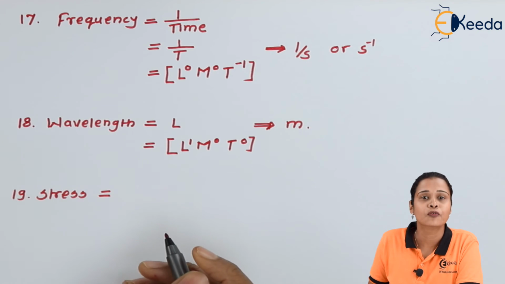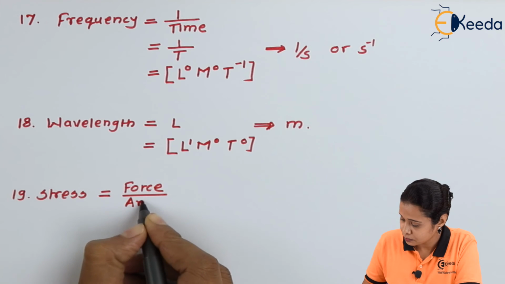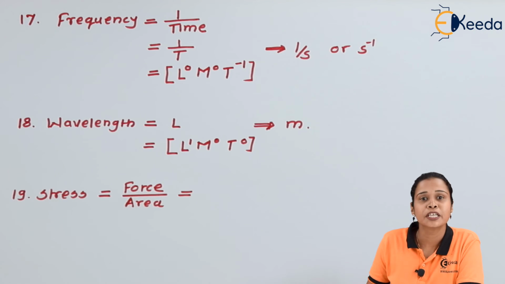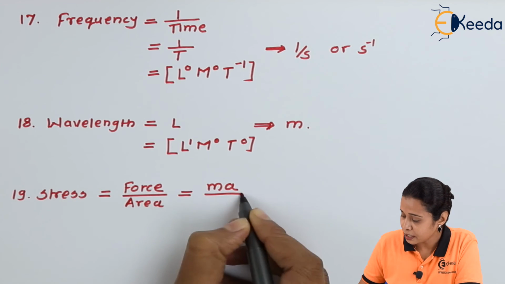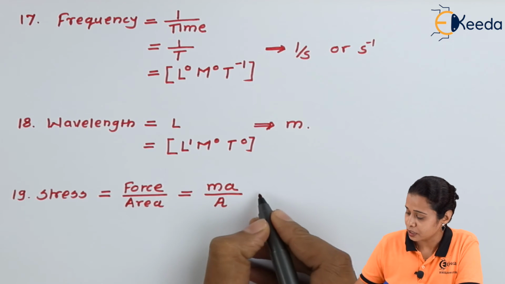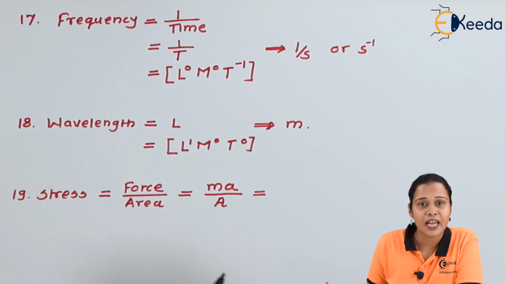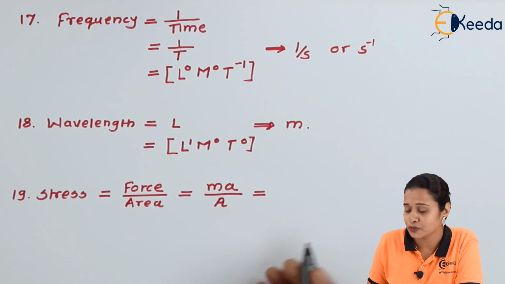Next physical quantity we will take, that is stress. Stress is nothing but force per unit area. We can express force in terms of mass into acceleration. Area in terms of A, that is capital A for the area. Then again we have acceleration. Acceleration can be expressed in terms of velocity per unit time.